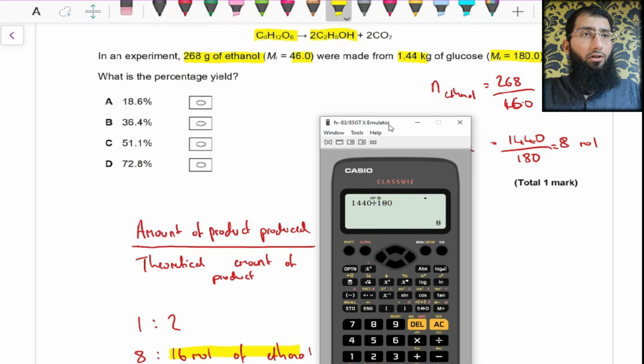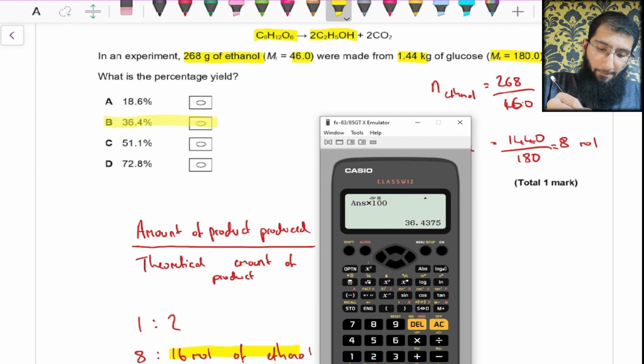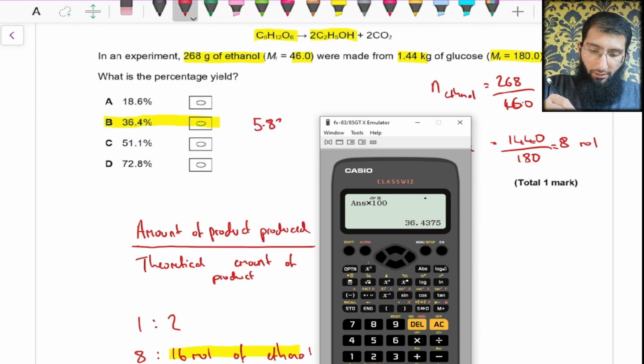So we've got 5.83 divided by 16 multiplied by 100, and that gives us a total value of 36.4, which means that the correct answer is B. So our actual sum was simply 5.83 divided by 16 multiplied by 100.